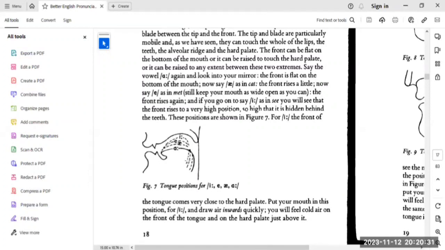Now, if we want to make the sounds, this sound is what? Yeah, E. E, like in what? E sound, like C. This one, E, like met, feet. Not feet, no. Met. This one, like cat. Okay.